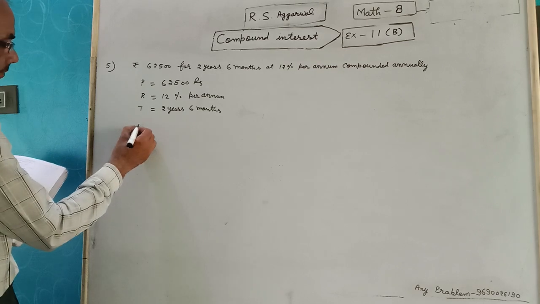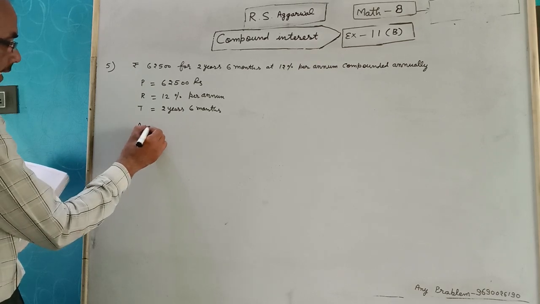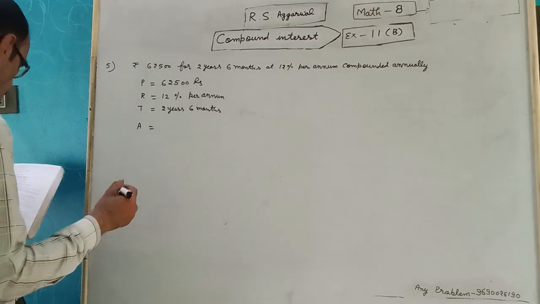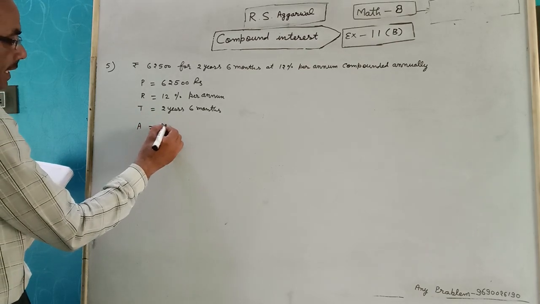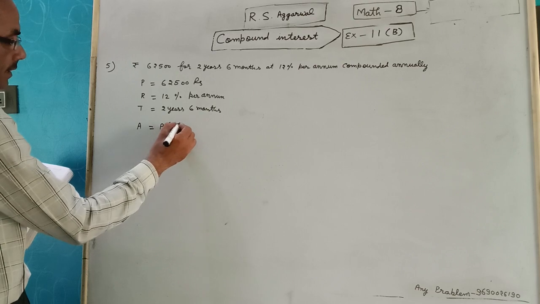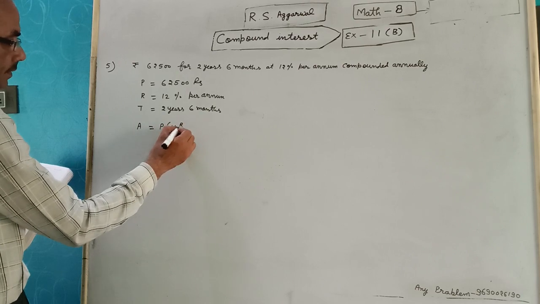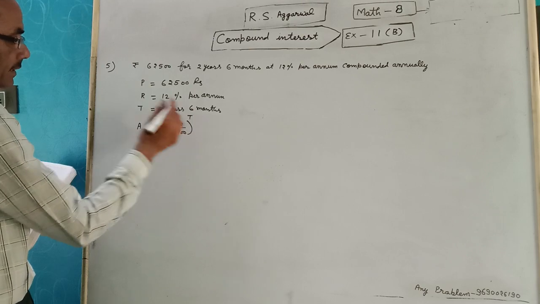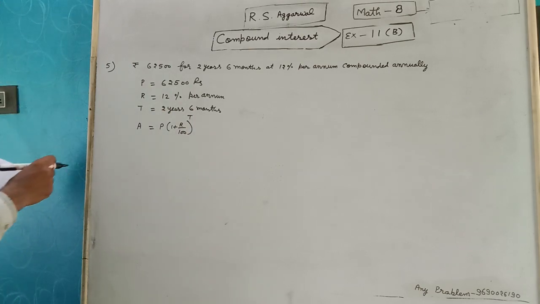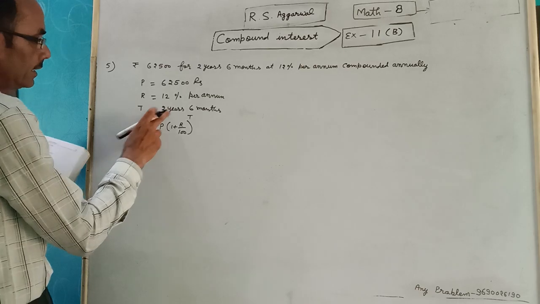Formula is A is equal to P bracket 1 plus R upon 100 power T. Here T is in two parts.